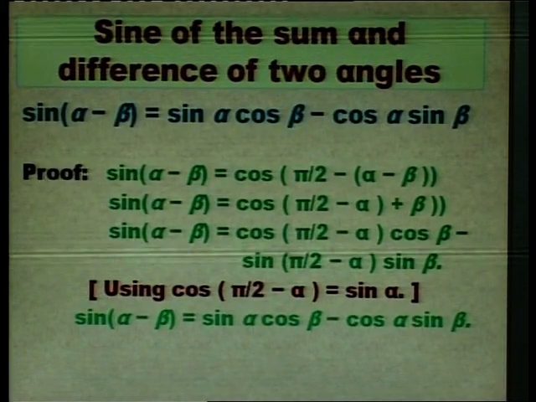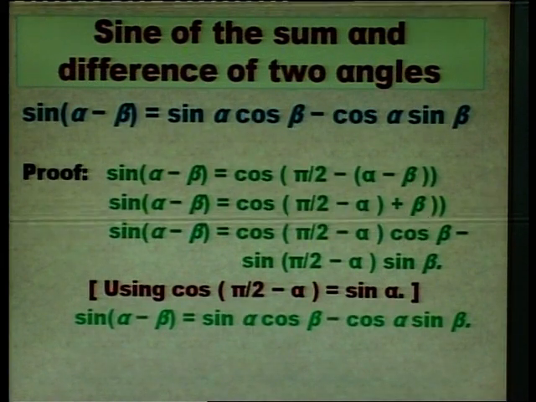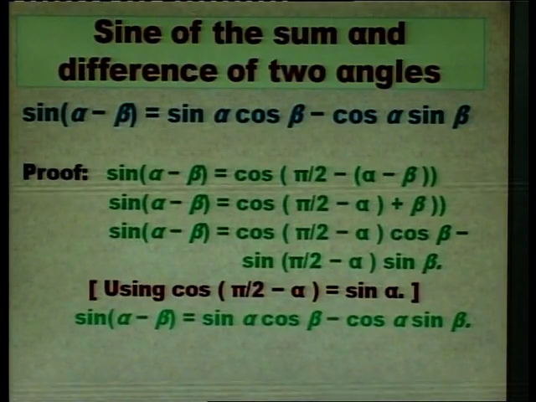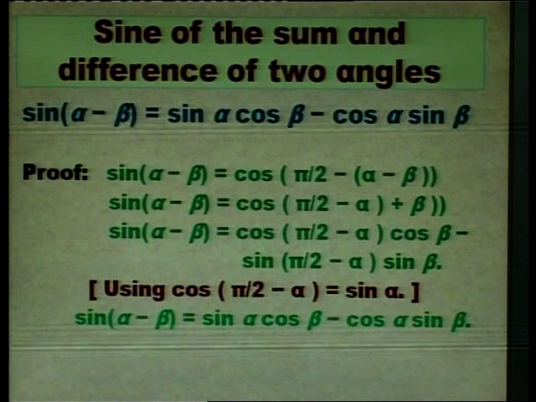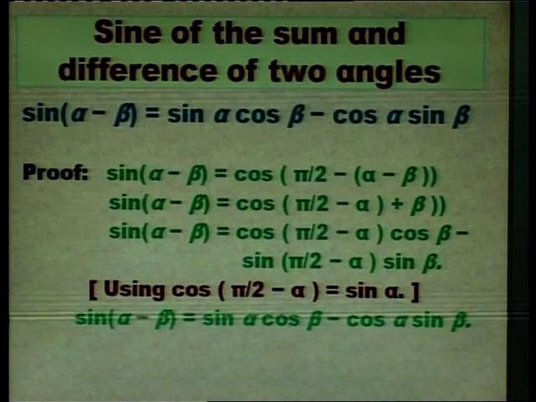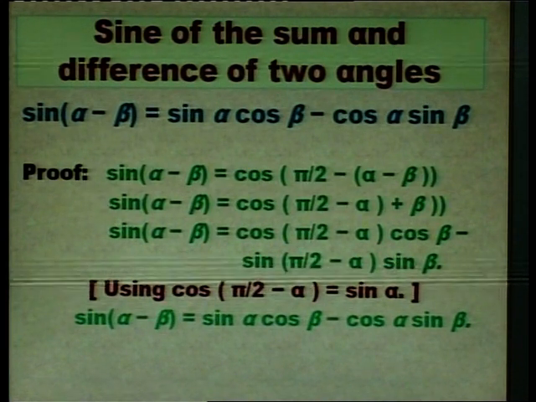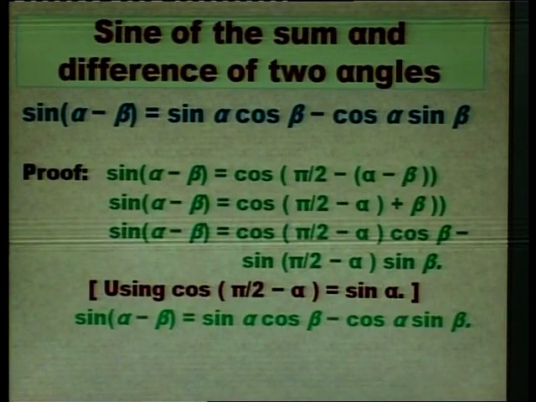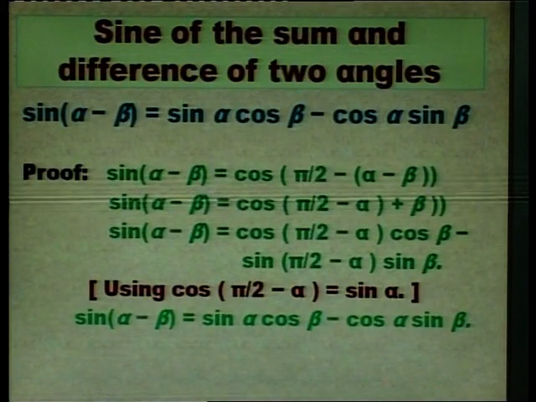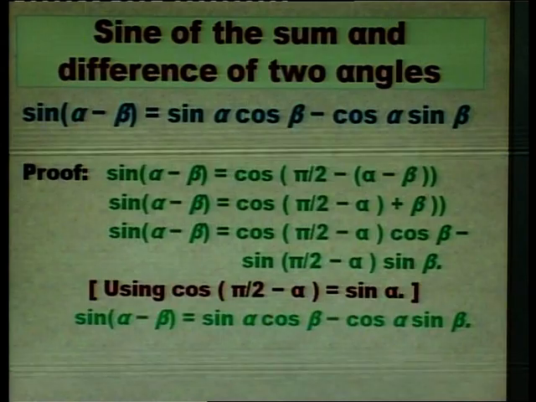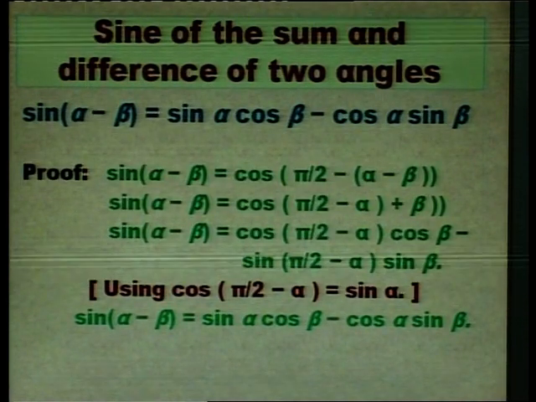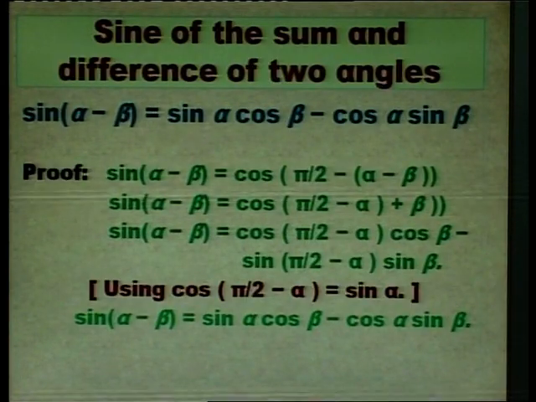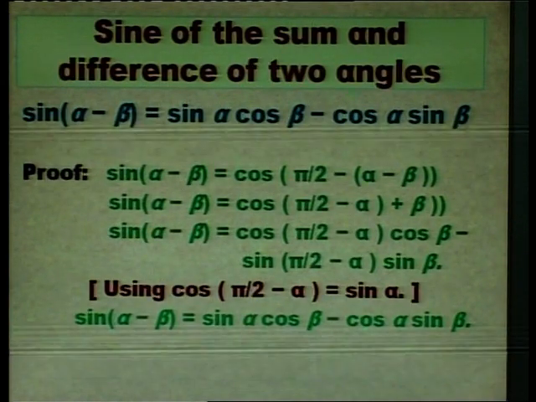So, next is sine of alpha minus beta is equal to sin alpha cos beta minus cos alpha sin beta. Here, if you look, on the left hand side it is alpha minus beta, and on the right hand side the sign is also minus.